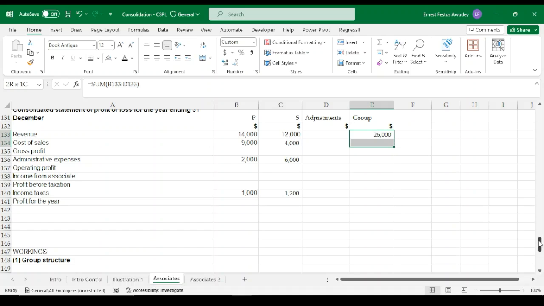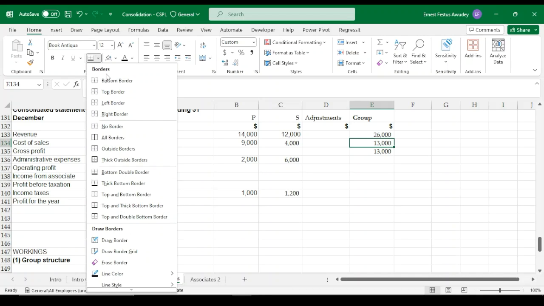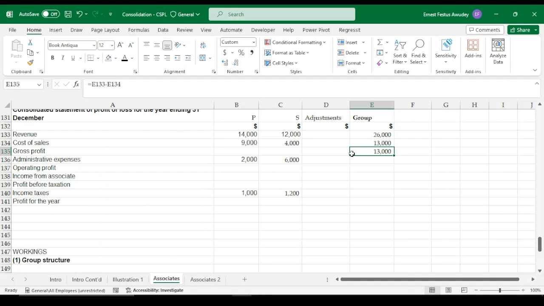I can copy this across using Control D, and then my gross profit is going to be this minus this. Let me insert my bottom border there. Then that is our gross profit. Then we can have our administrative expenses, which I can also add using Alt equals.